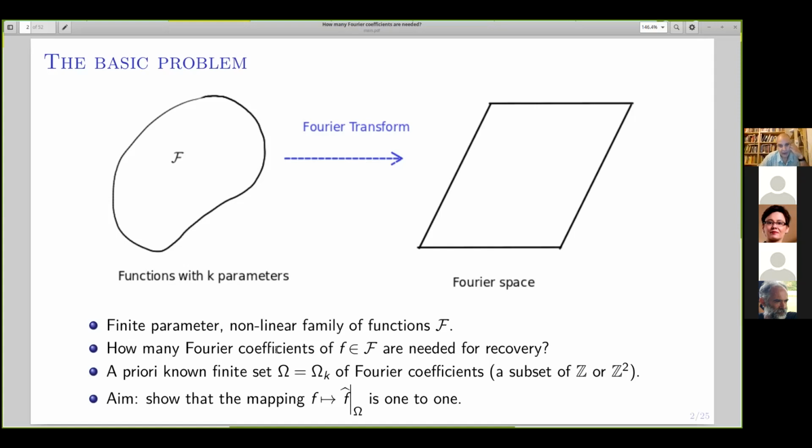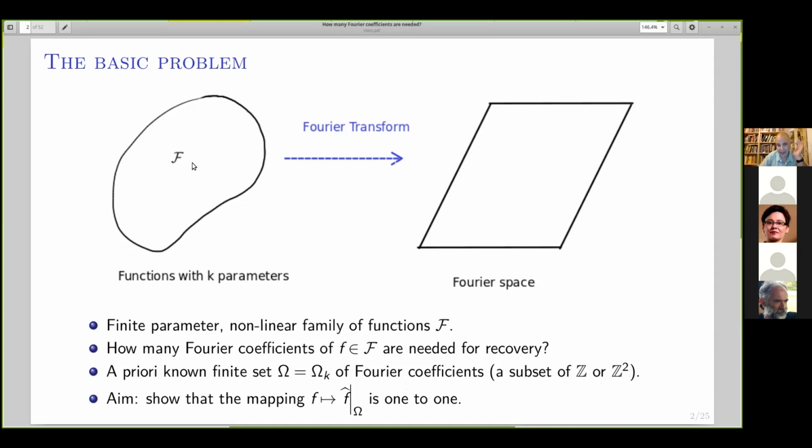So what we're trying to do here is, having fixed this family F, find a set of frequencies omega. If we're on the torus, these frequencies will be integers. If we're on T squared, the torus squared, the frequencies will be part of Z squared. But it's important that we want to fix omega given the family.